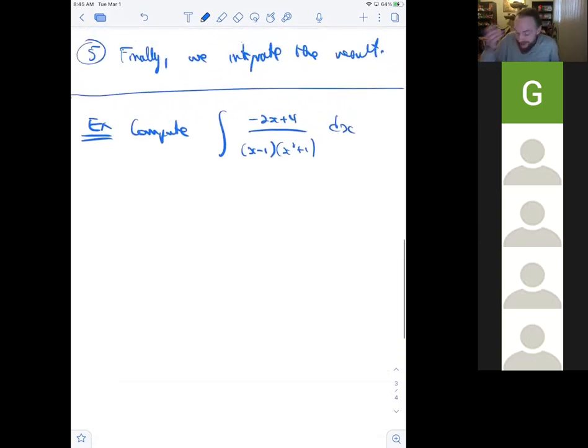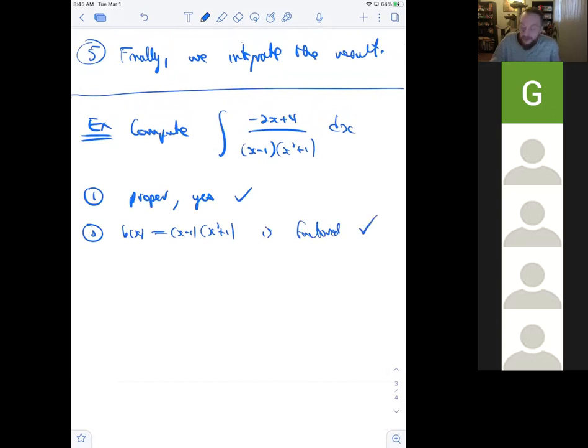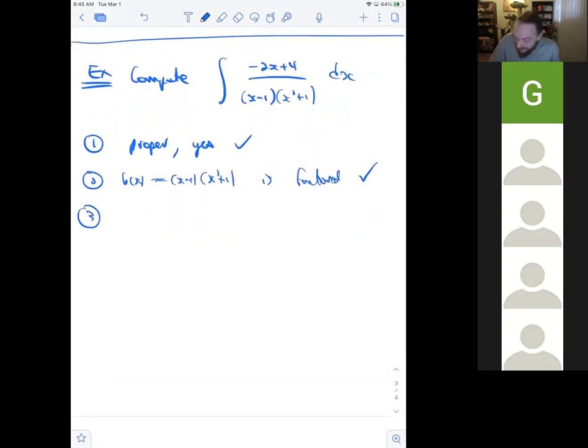So if I'm doing this, step one, is it proper? Yes, it is. Two, is b of x factored? Yes. Three, we have to make our guesses.